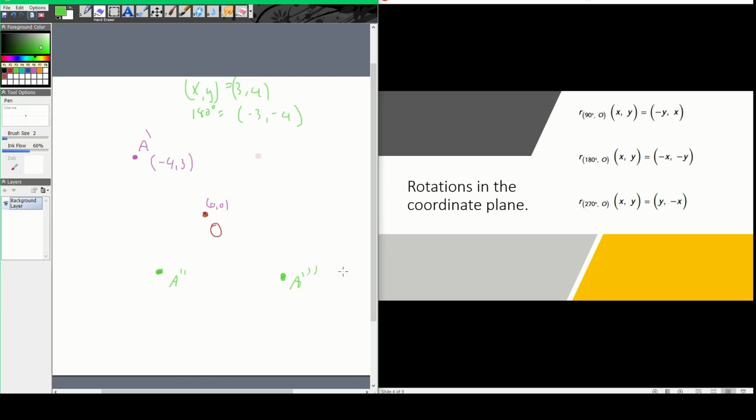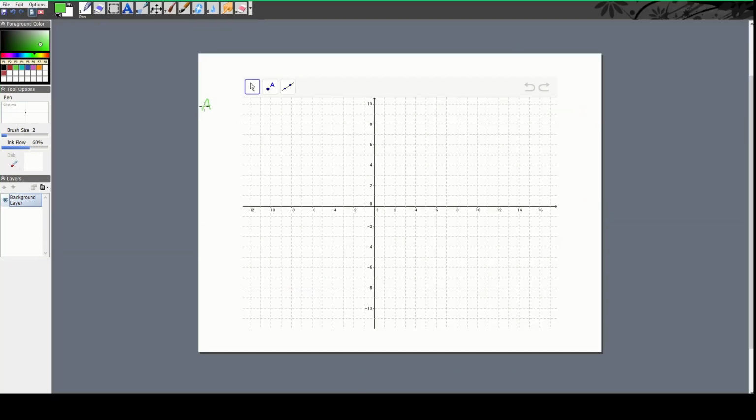Okay. Now let's actually do this on a coordinate plane. So let's say that A is the point 2, 1. And I'm asking you to rotate positive 90 degrees about O, point A. O is typically denoted to be the origin.